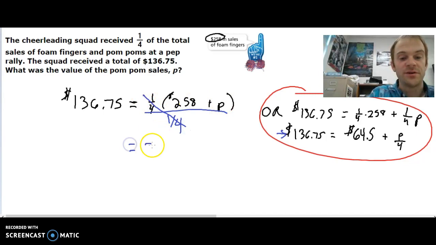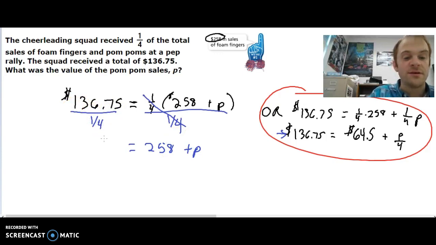So I'm left with really just 258 plus P. And then 136.75 divided by 1/4 is the same thing as 136.75 multiplied by 4. Okay, because when I divide by a fraction, I just invert and multiply. So this really becomes the same thing as multiplying by 4 over 1.